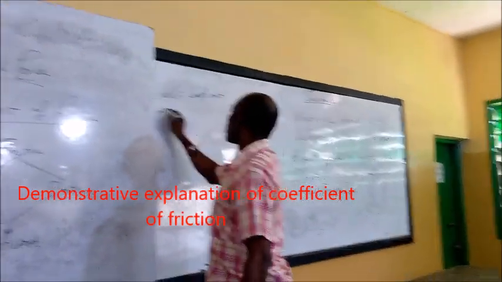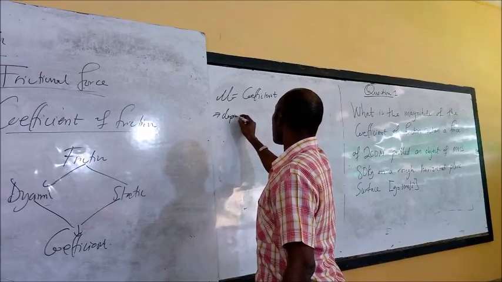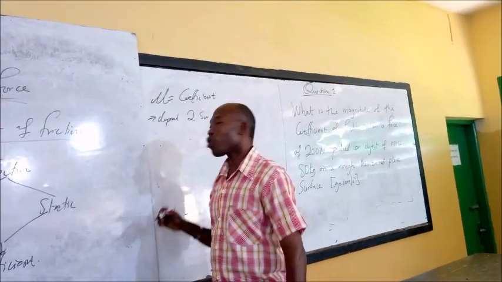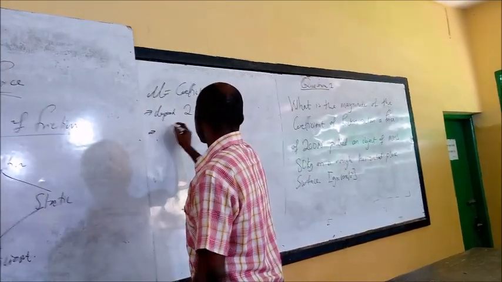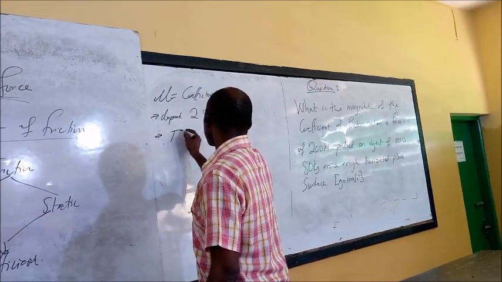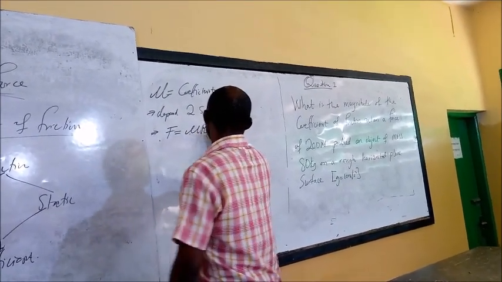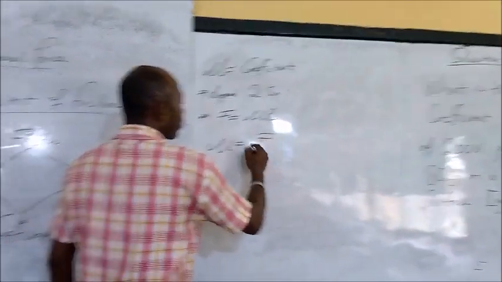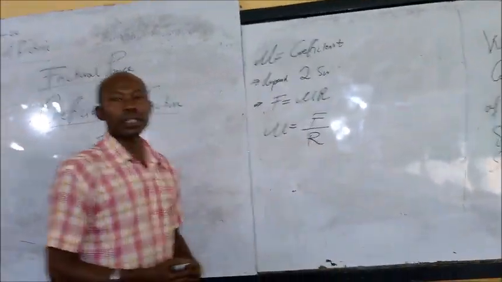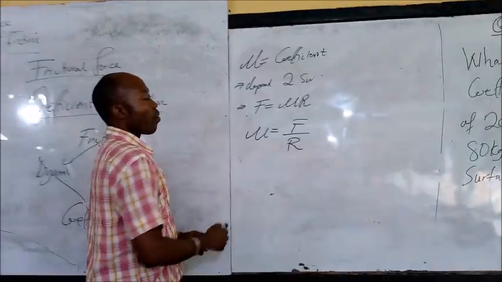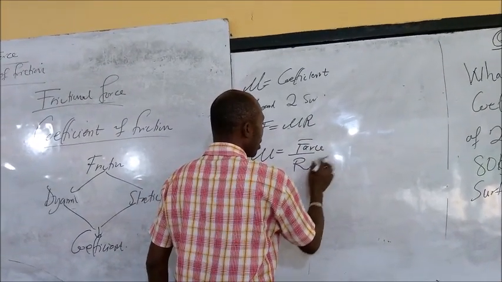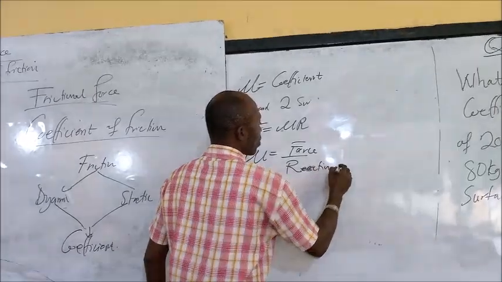Now, coefficient of friction depends on the two surfaces in contact, and it is given as force divided by the normal reaction. Where this one is force, this is what? Reaction force.